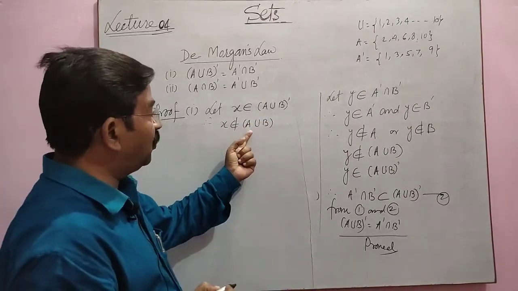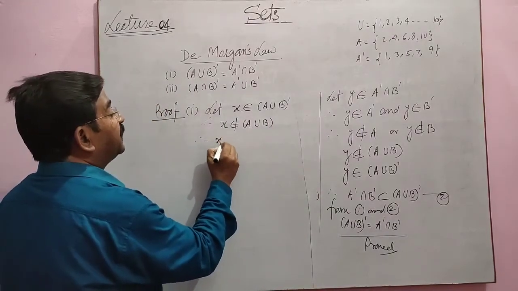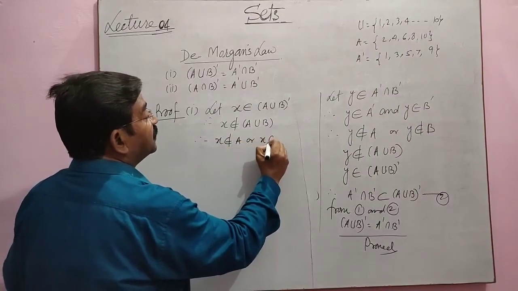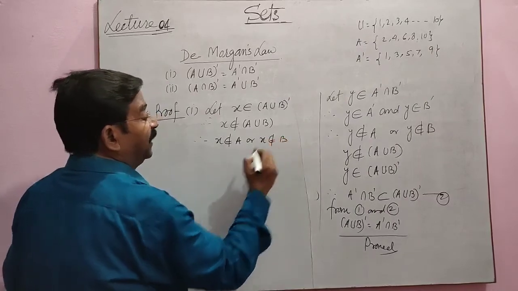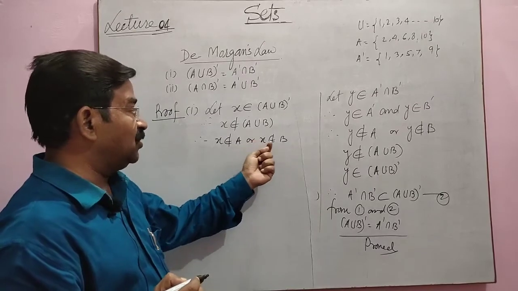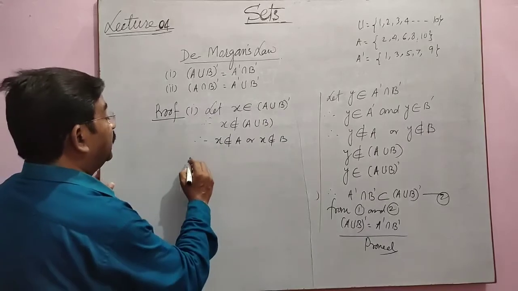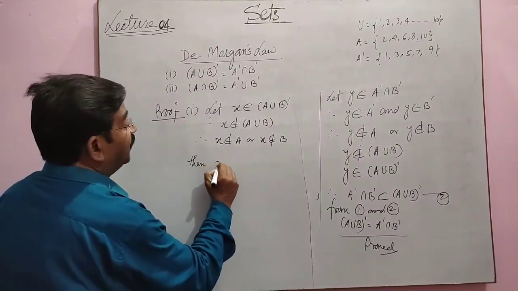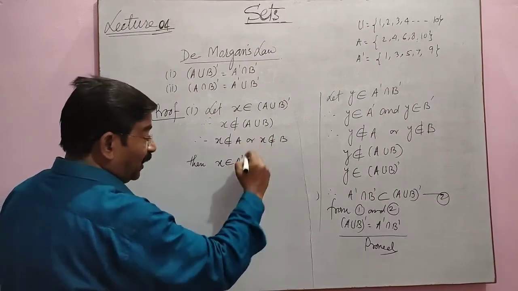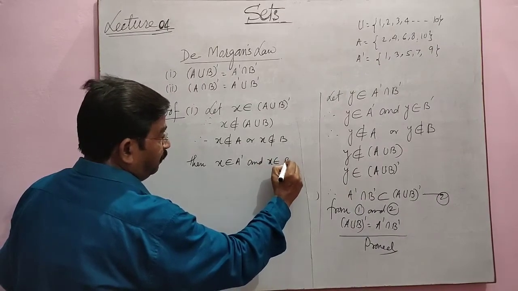If an element is not found in A union B, we can say therefore X does not belong to A, or X does not belong to B. So if element X is not found in A and X is not found in B, obviously it will be found in its complement. Then we can say X belongs to A dash and X belongs to B dash.